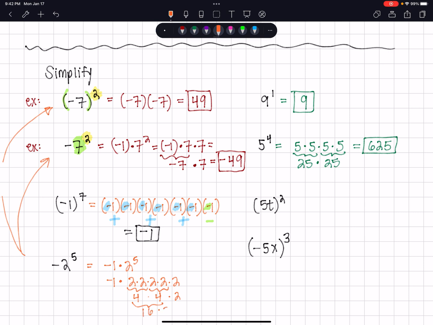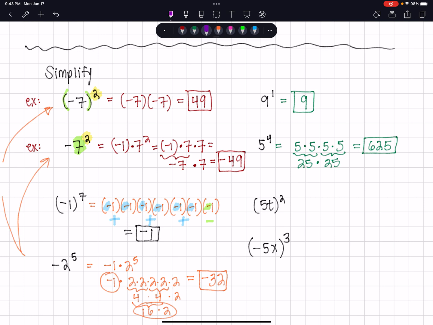That's 16 times 2, which is 32. -1 times 32 is -32. Now, 2 to the 5th is also one of those facts that would be a good idea for you to learn in your expanded math facts of exponentials.